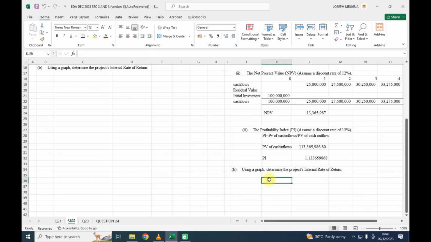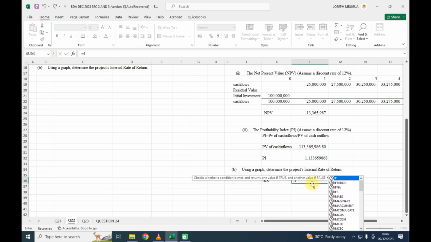Ideally, without using the graph, if we use the formula, it proves that IRR is a point we call the break-even point, where the NPV is 0. At IRR the NPV is 0.